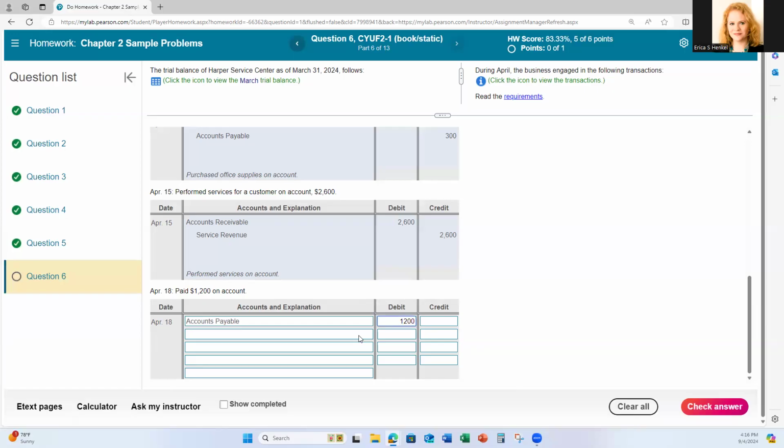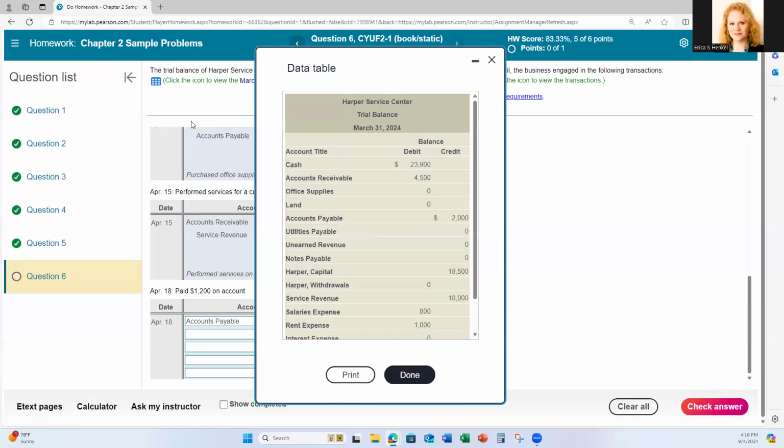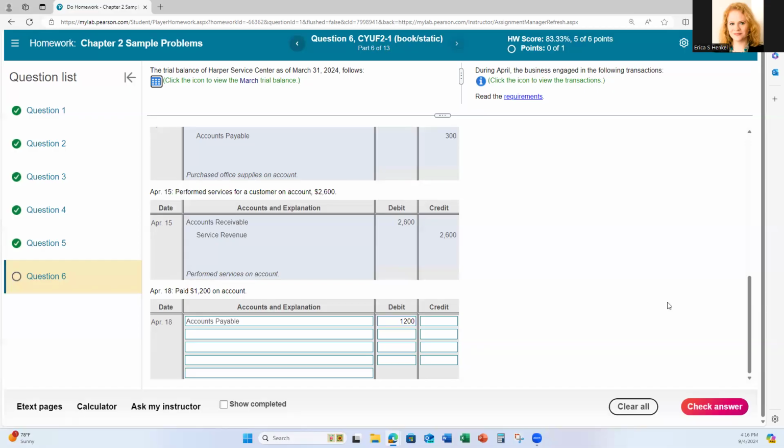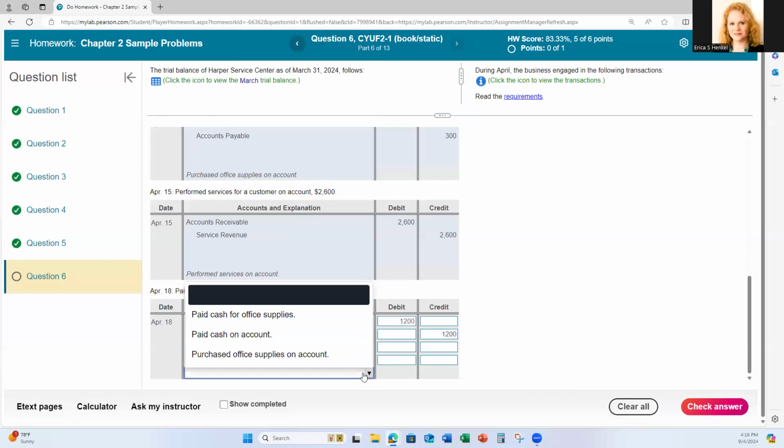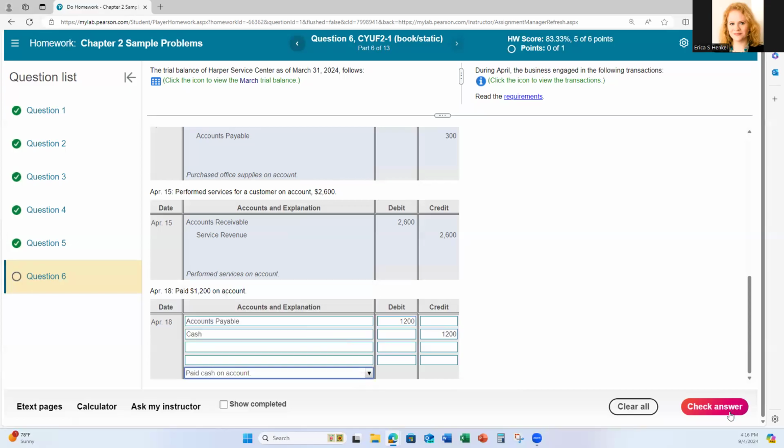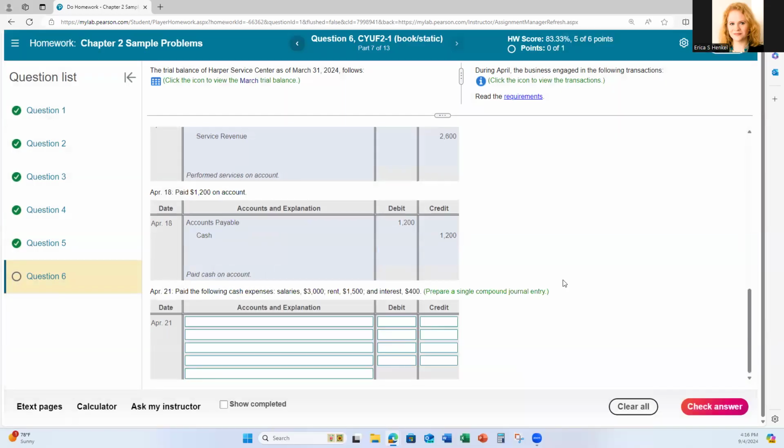And then, going back here, by the way, we had accounts payable of $2,000 plus the $300 we added to it before. So this is still only paying off part of our accounts payable. And then we are going to decrease our cash for $1,200. Paid cash on account.